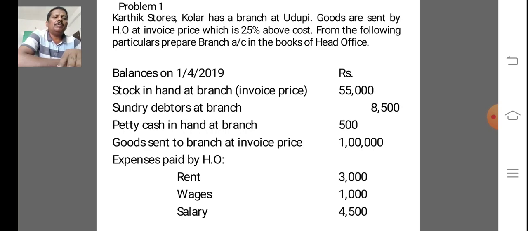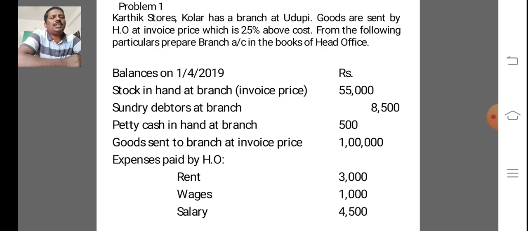So the following format is also used: debit the opening assets, credit the opening liability, debit the goods sent to branch, and opposite it the stock reserve account, debit the bank account, debit the stock reserve account, debit the closing liability.